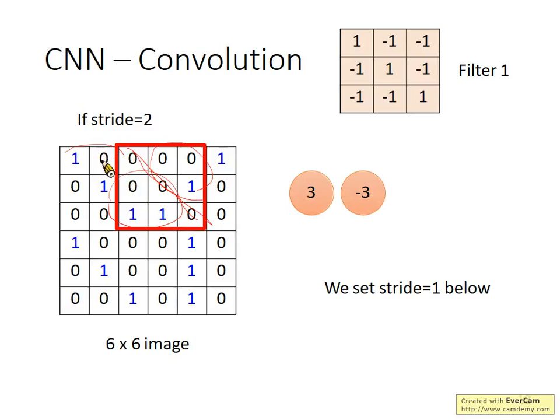So we get different results if we set a different stride. In the following, we will take a stride of 1 as the main example.